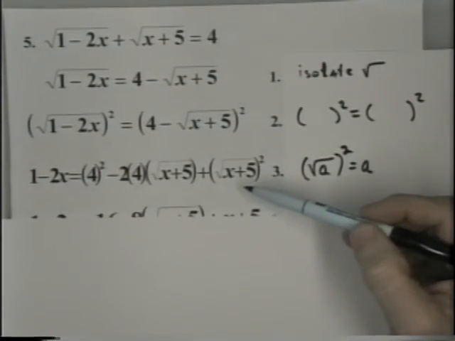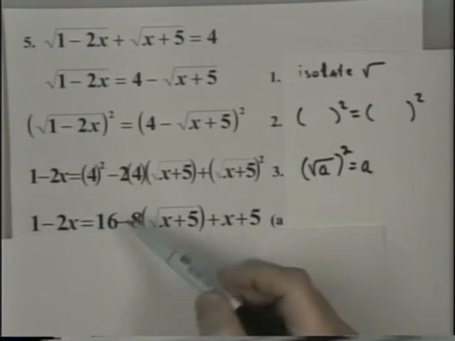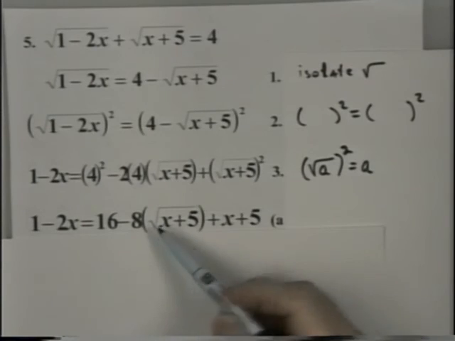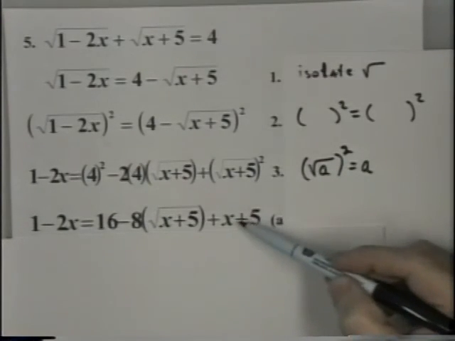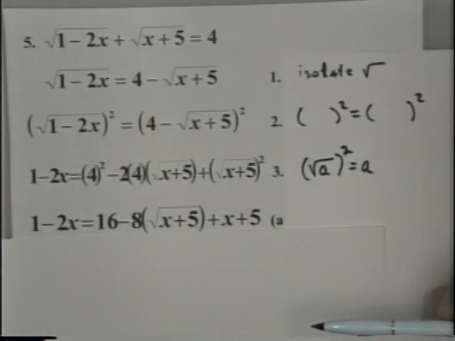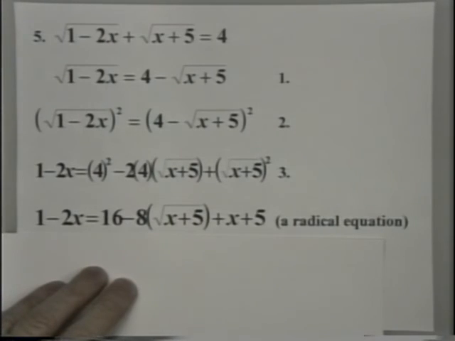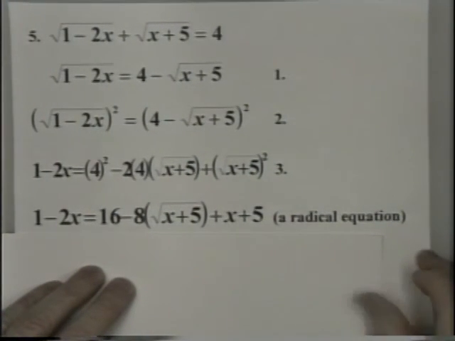And so we do that, and 4 squared is 16, and of course 2 times 4 is 8, and if you square this thing right here, you get just what's underneath the radical. But notice, we still have a radical equation. Right? So what are we going to do?